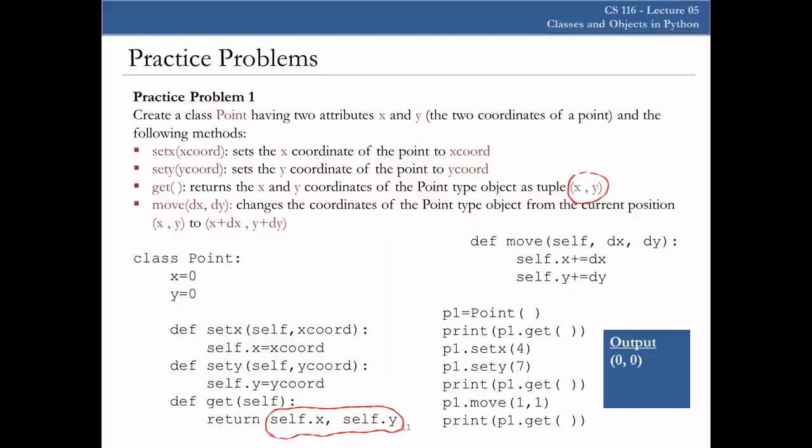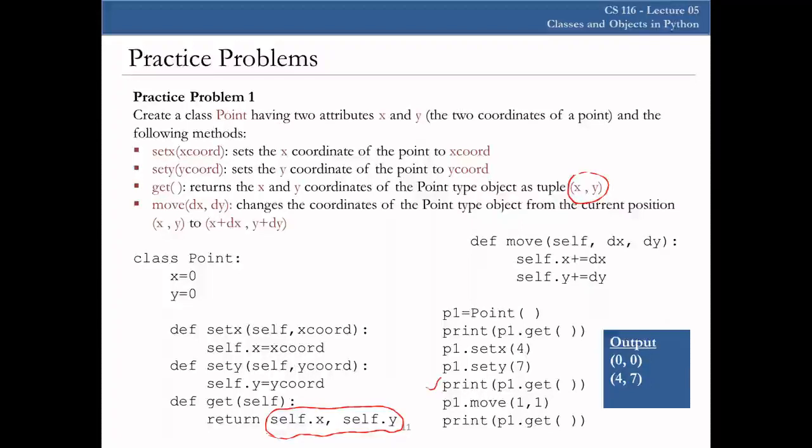Then the third statement, p1 dot set x 4, will change x to 4, and p1 dot set y 7 will change y to 7. So p1 dot get, now this statement will produce this, and this is correct because these are the values that we set for x and y through those setter methods, right?